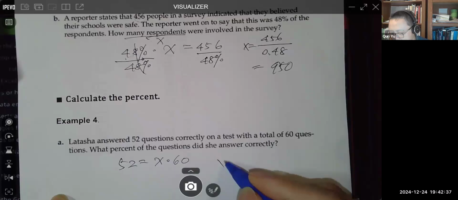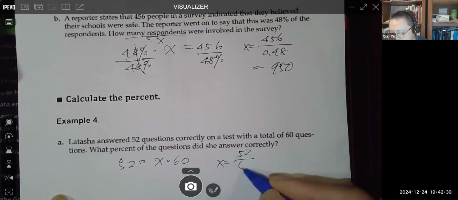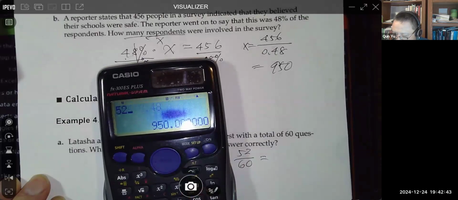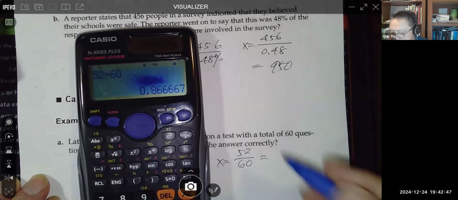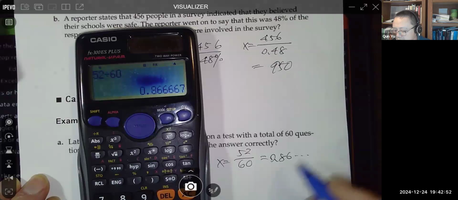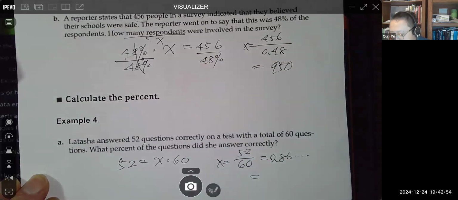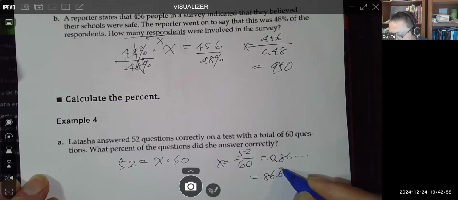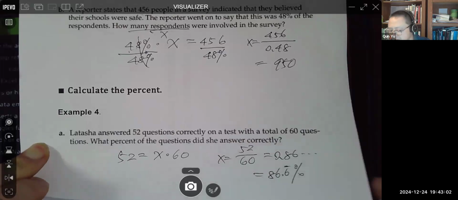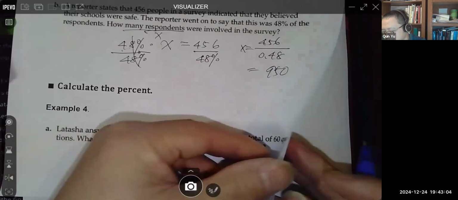So X equals 52 divided by 60. We get 0.866 forever. So we need to convert this one to percent, say 86.666% forever. So you put a bar on top of 6 to indicate it's a repeating digit. Next page. We just have one more on the next page.